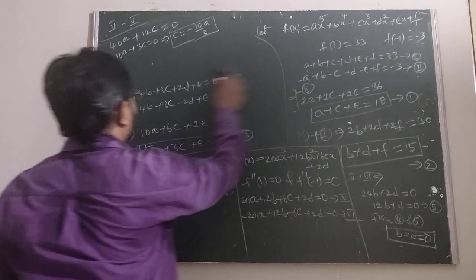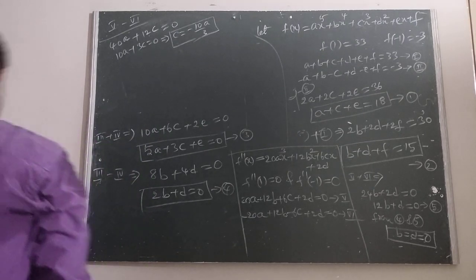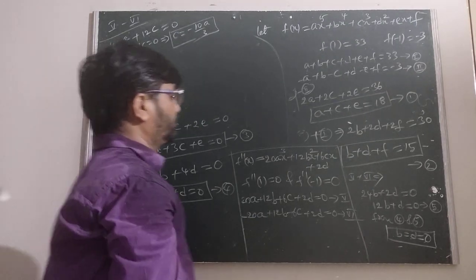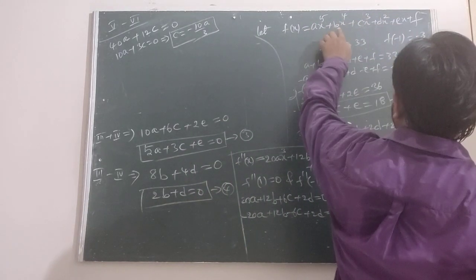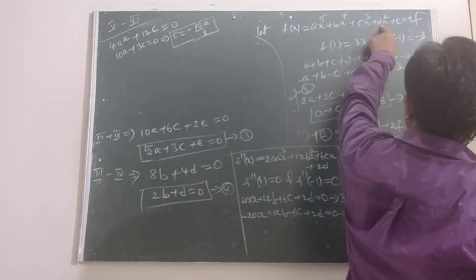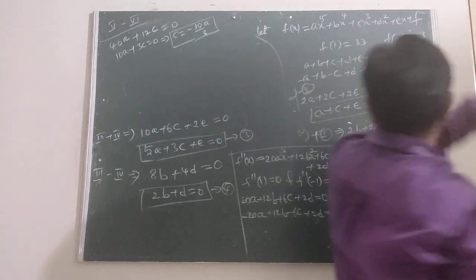Now we are thinking to find the values of a, b, c, d, e, of this polynomial. We already have b equals 0 and d equals 0. Now we are finding a, c, e and f.